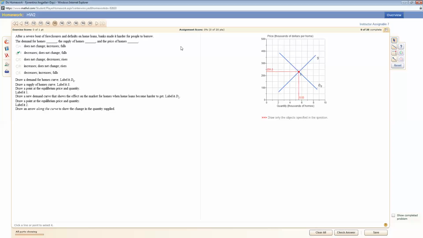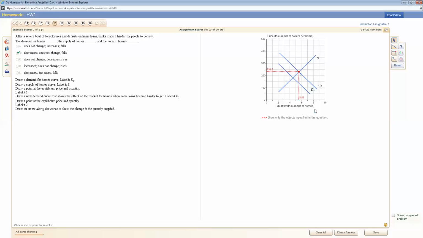And so to show a shift in the demand curve, all I need to do is drag the line tool and shift D0 parallel to itself to the left and label it D1.